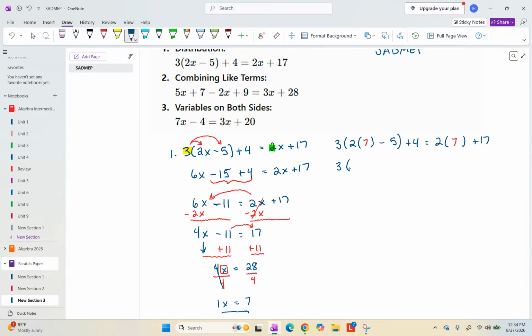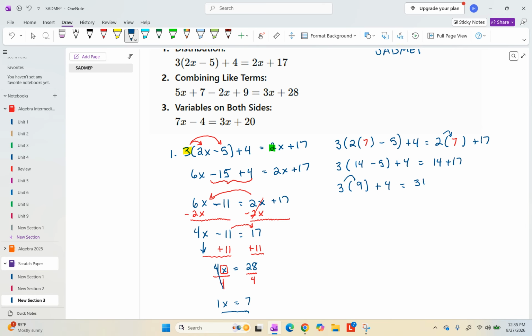So I'll start off with 2 times 7 being 14. And I'm going to do this parenthesis as well. 2 times 7 is 14 plus 17. I'm going to simplify a little bit more. So what's inside the parenthesis is 14 minus 5, which is 9, plus 4 equals, well, 14 plus 17 is 31.